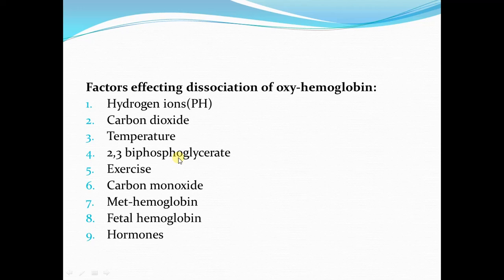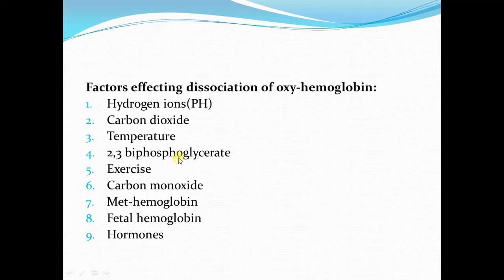One thing is that in the fetus, the oxy-hemoglobin dissociation curve is shifted to the left because hemoglobin in the fetus does not bind 2,3-BPG. But this is favorable for the fetus. Why? Because the fetus has to extract oxygen from the maternal blood.